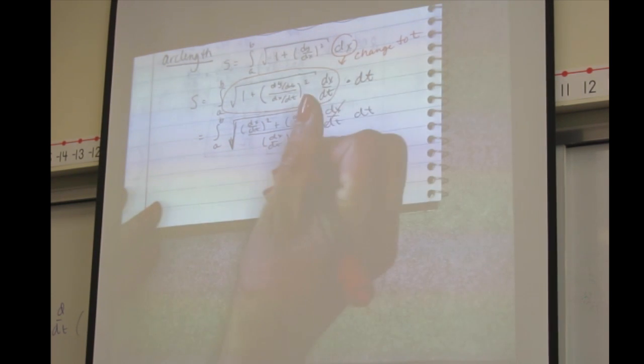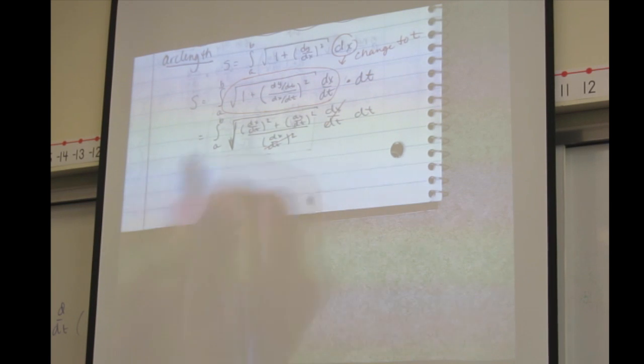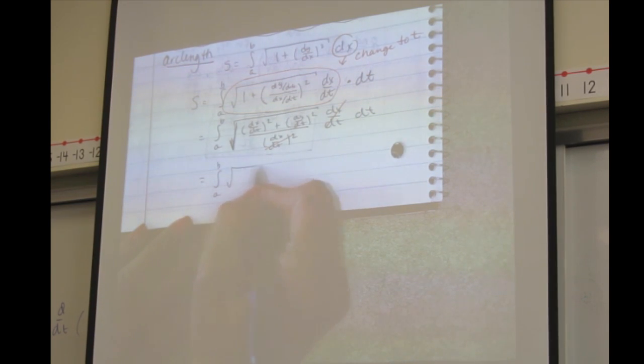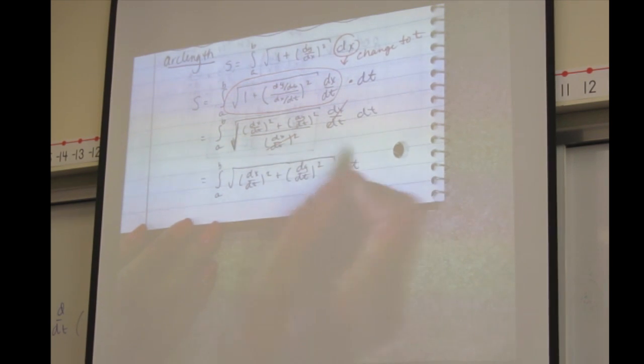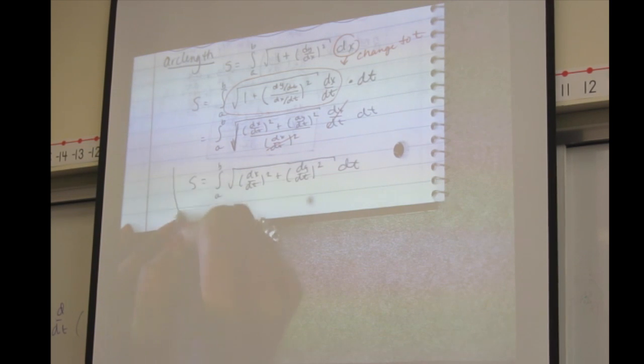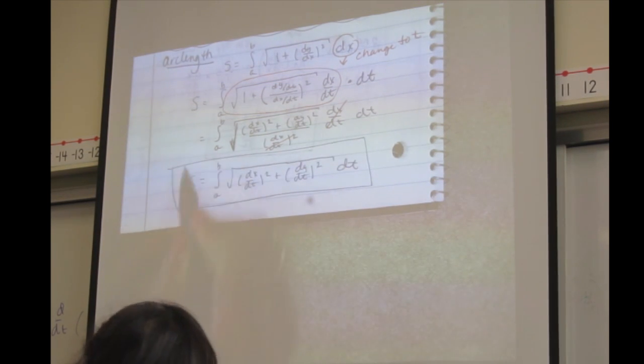So I'm left with the integral from a to b of the square root of dx dt squared plus dy dt squared, dt. So this one, arc length, is a little bit easier than surface area, I think.